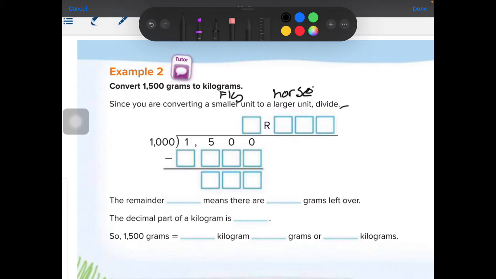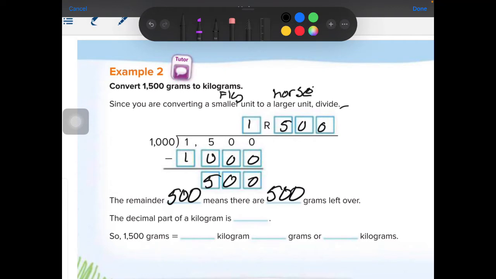Divide, of course. So you're going to divide 1,500 by 1,000. And that'll go into it one time with a remainder of 500. So the remainder is 500 grams, which means there are 500 grams left over.